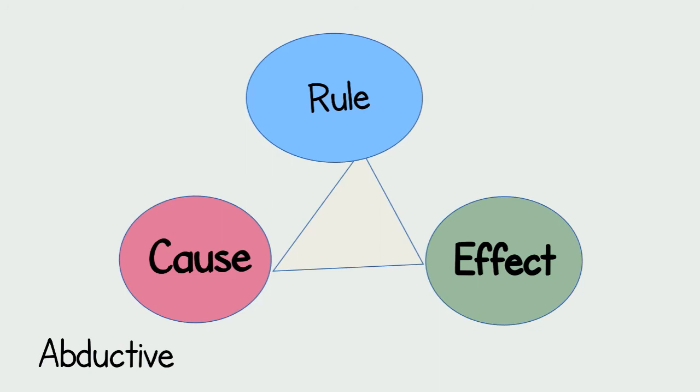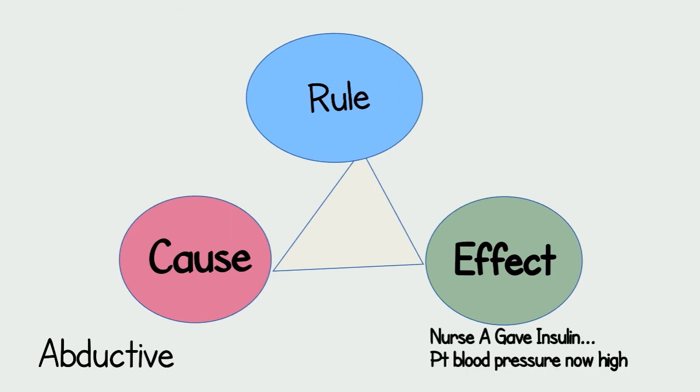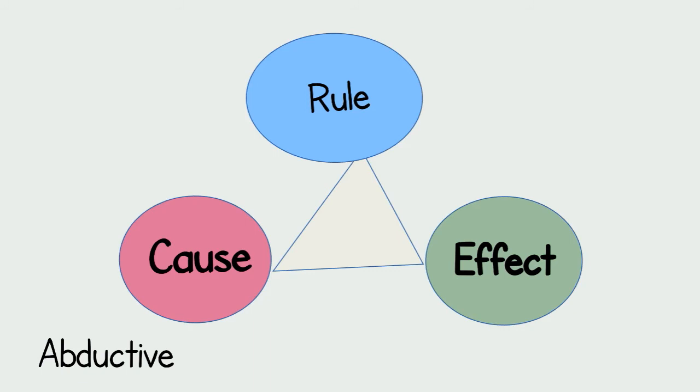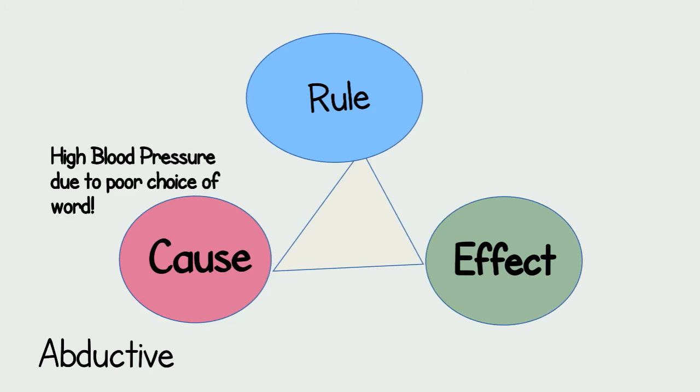As an example, if you walked into a patient's room and saw that their blood pressure had just risen sky high, and you knew they had just received an insulin shot by a certain nurse who always used the phrase, "I'm going to give you your shot now," you might abduce the cause for the rise in blood pressure to be the nurse's poor choice of language, and this would be abductive reasoning.